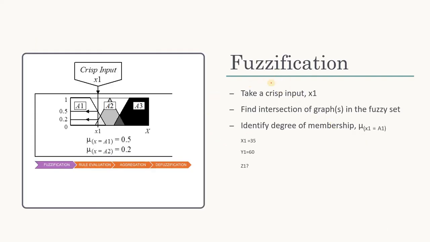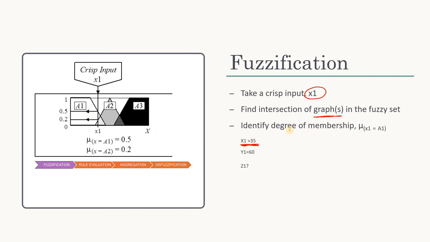This is a further example, a further explanation. We take a crisp input x1, for example x1 is equal to 35. We are going to find the intersection between x1 and our graph in the fuzzy set. We have 3 graphs here, a1, a2, and a3, and we find the intersection for each of them.